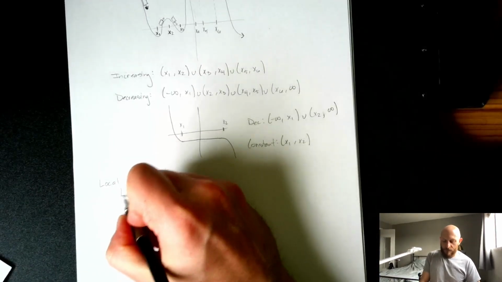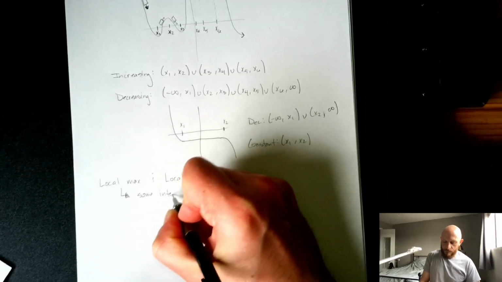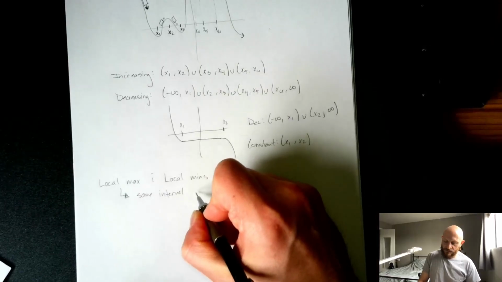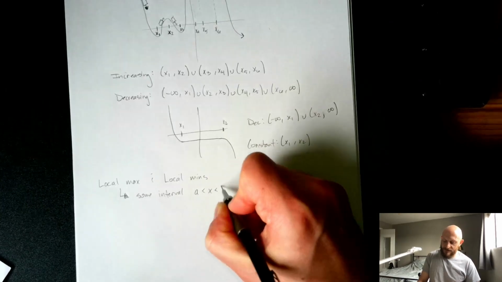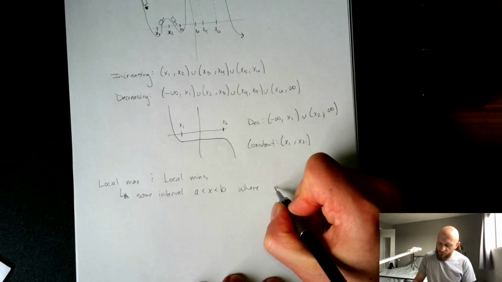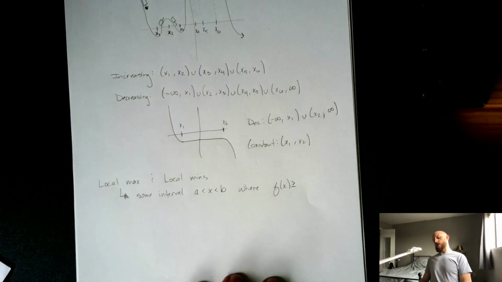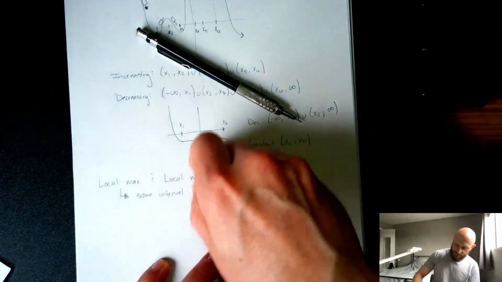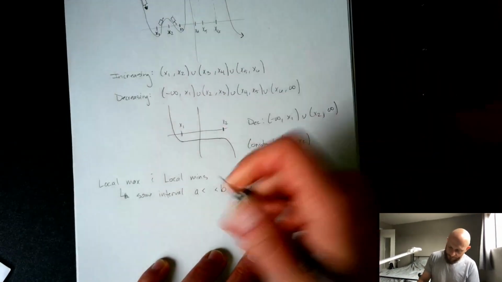A local maximum means that there is some interval, and I'll write it as an inequality, some interval a < x < b, where f(x) is greater than or equal to, maybe instead of an x, sorry, maybe I should say c.